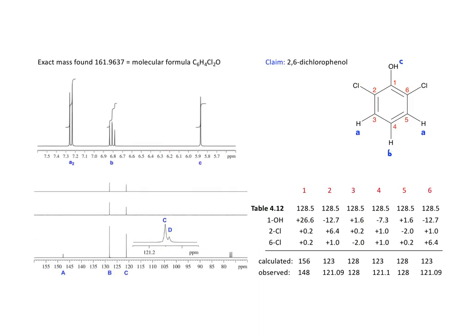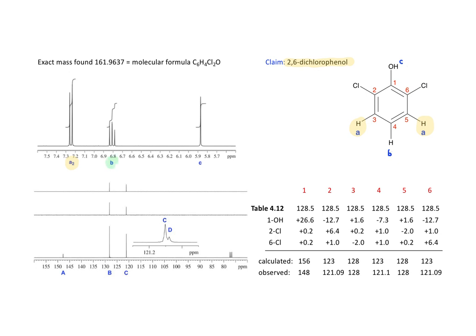The last example is for an aromatic compound. From the proton spectrum, we may assign the 2 hydrogens labeled A2, which are doublets, to be the hydrogens at 3 and 5 for a compound that might be claimed as 2,6-dichlorophenol.